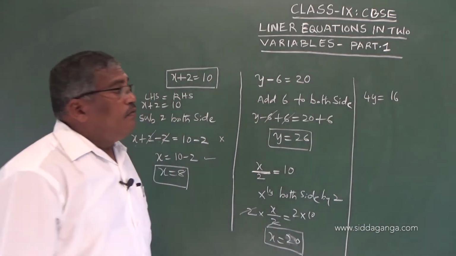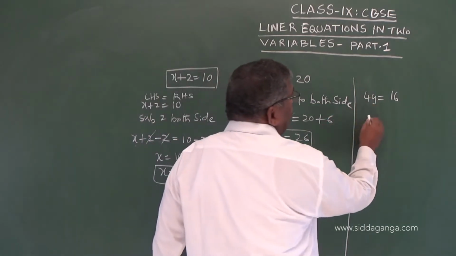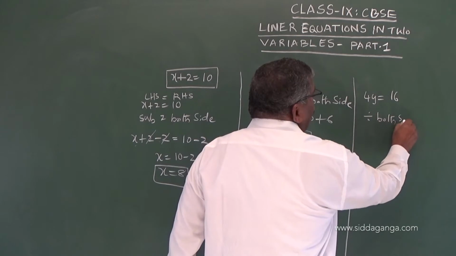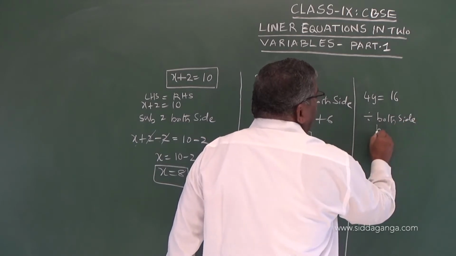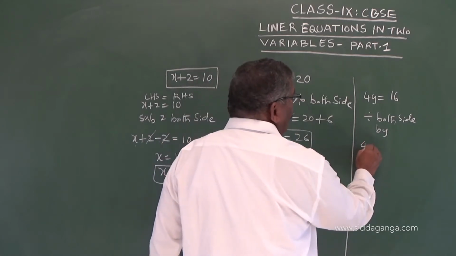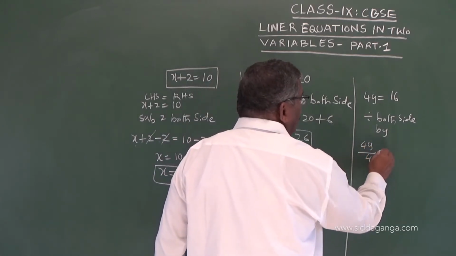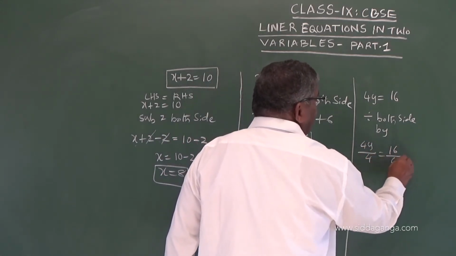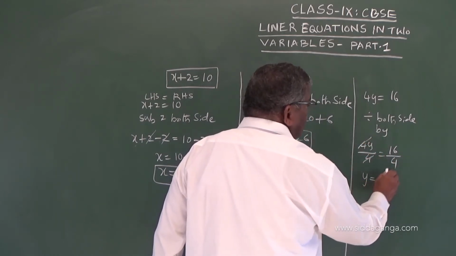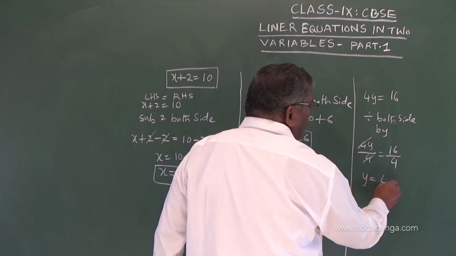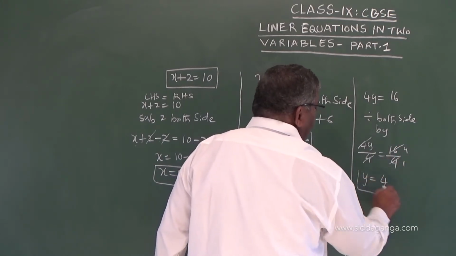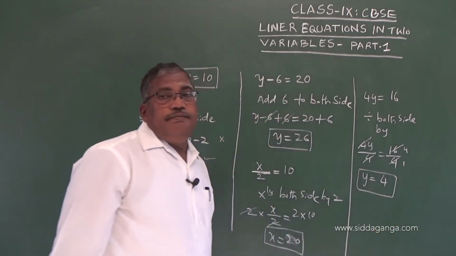I want only the value of y, so I will divide both sides by 4. I don't want this 4, so 4y divided by 4 equals 16 by 4. This 4 and 4 get cancelled. y equals 16 by 4, which is 4. So y is equal to 4 is the answer.